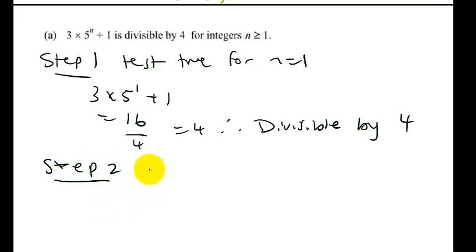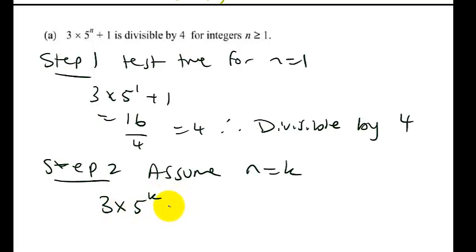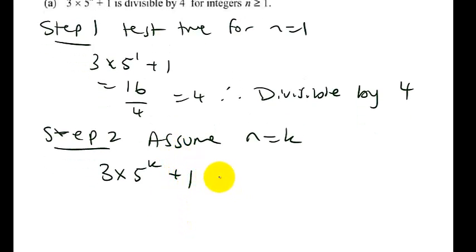Step 2 is assume. Assume n equals k. So we have 3 times 5 to the power of k, plus 1. What you're going to do here is introduce this letter m, so it equals m, where m is any integer.